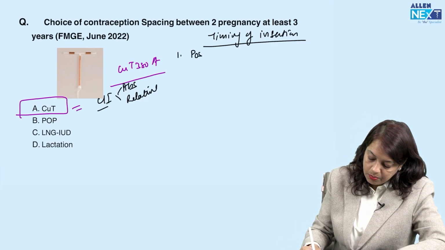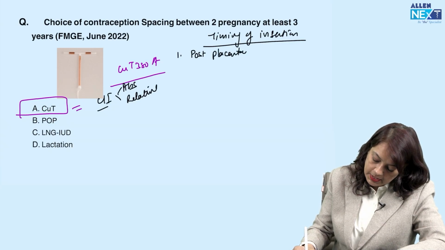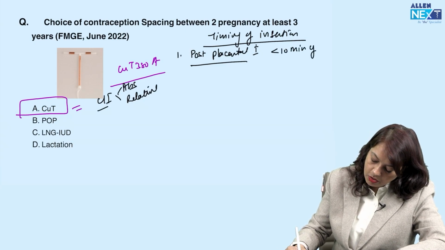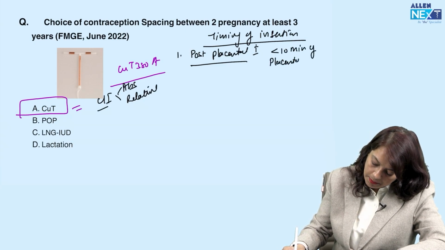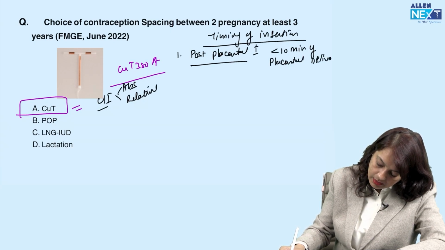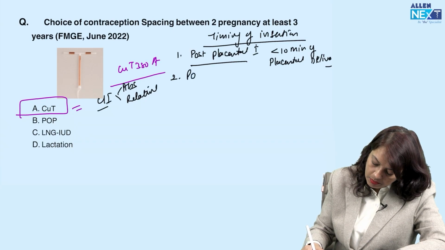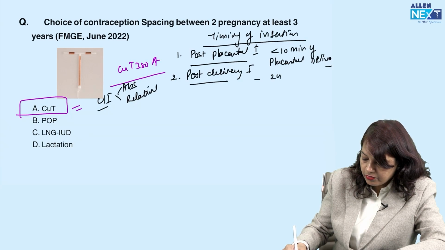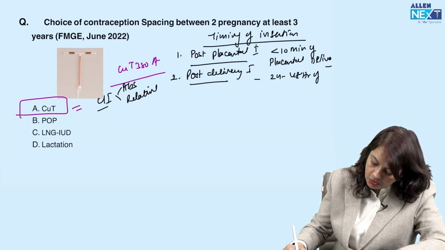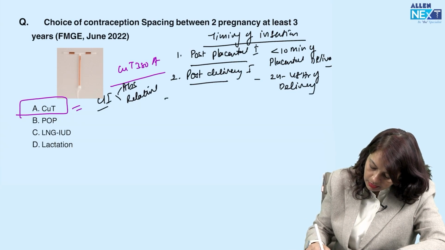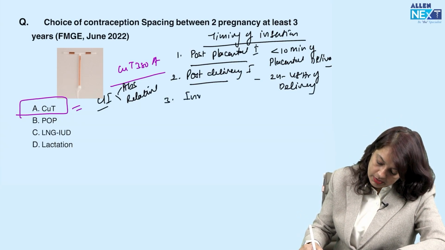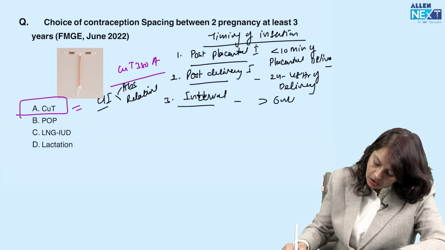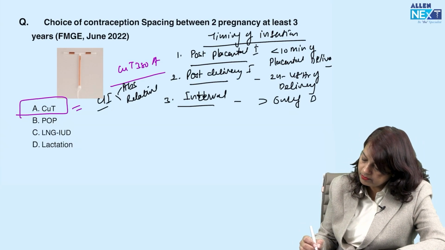Number one is post placental insertion, that is within 10 minutes of placental delivery. Number two, post delivery insertion, that is within 24 to 48 hours of delivery. Number three, interval insertion, that is after 6 weeks of delivery.